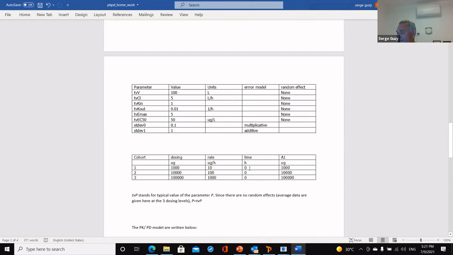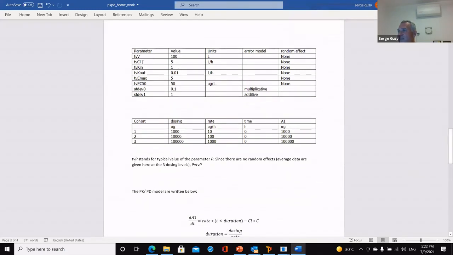Okay, and it starts at t equals 0, and then the total amount for that patient is 1,000 microgram. The second cohort is 10,000. The third cohort is 100,000. You can see that this allows me to define what is called the dose-response relationship, hopefully.